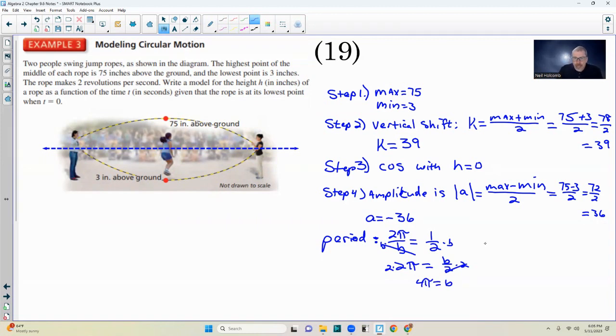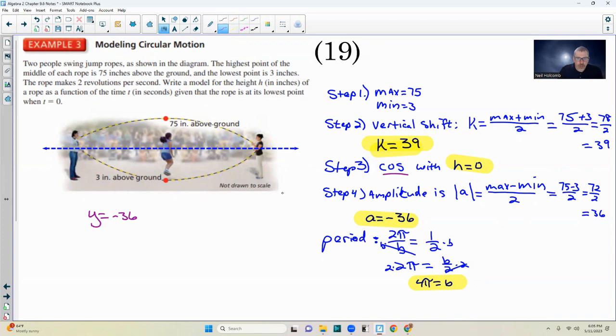Okay, so now we have, let me highlight them. We have k is 39. We have h is 0. We have b is 4 pi. a is negative 36. Now it just all falls into place and we answer the question. So now we say y equals a, negative 36.